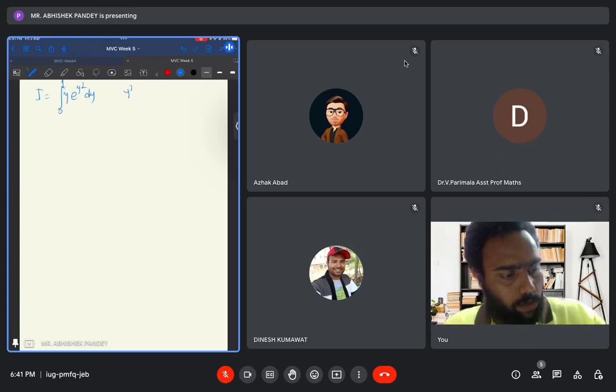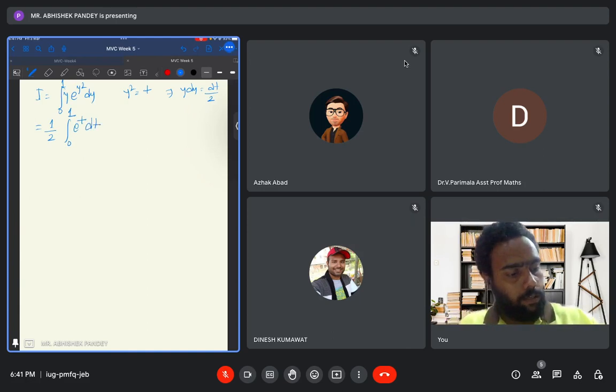Now let y square equal t. So this implies y dy equals dt by 2. So this is 1 by 2 integral 0 to 1 e to the power t dt, which is 1 by 2 e to the power t from 0 to 1. So e minus 1 by 2.